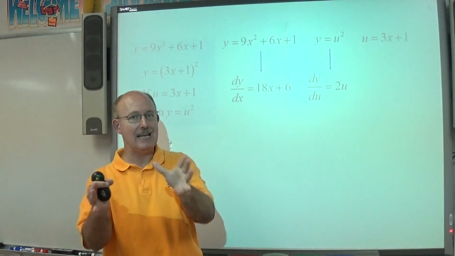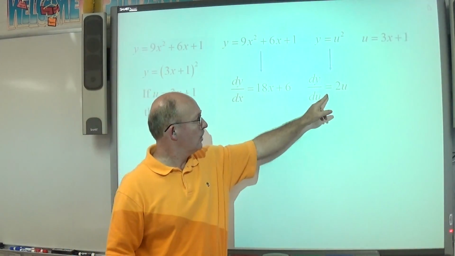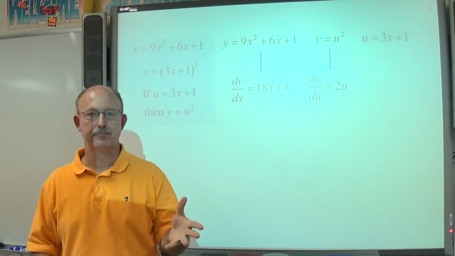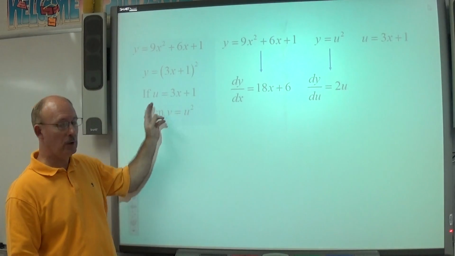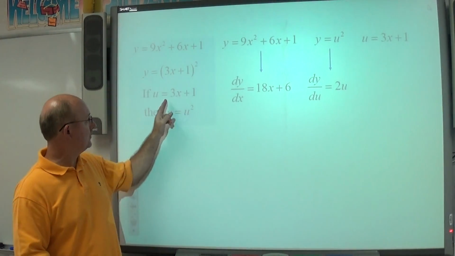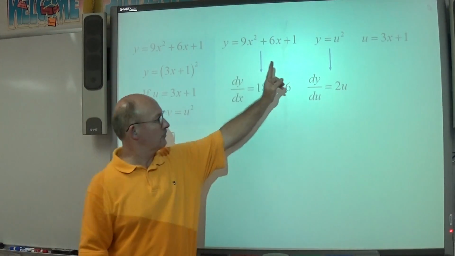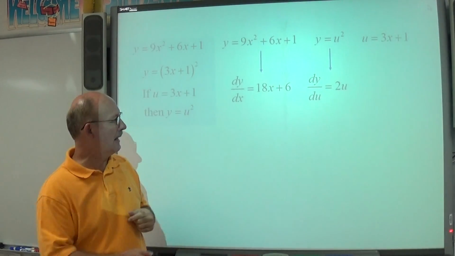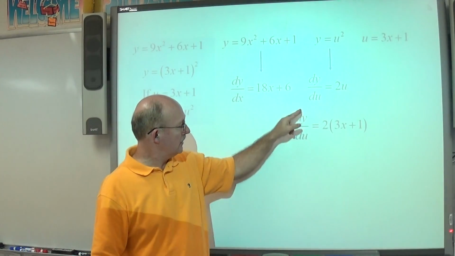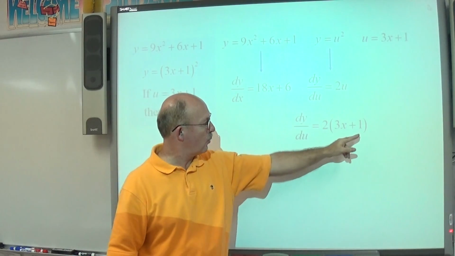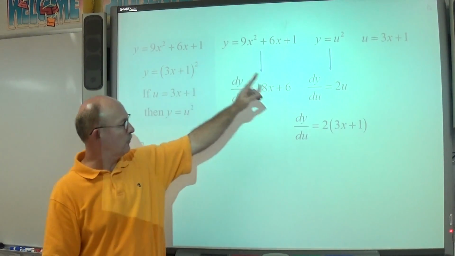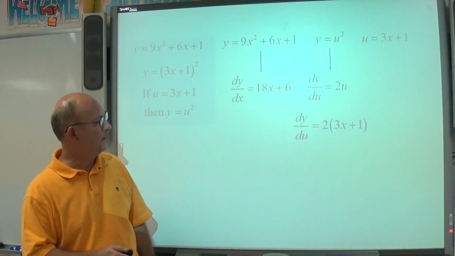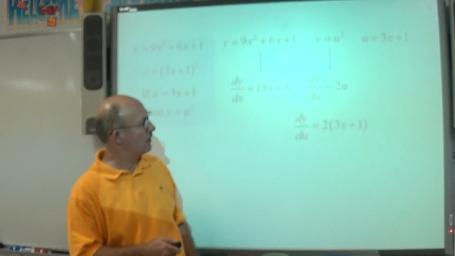Not dy over dx, but dy over du, which is 2 times u. Now remember, we said that u is equal to 3x plus 1, so I'm going to do a little substitution here. Let's substitute 3x plus 1 back in for u. And dy over du becomes 2 times the quantity 3x plus 1. So that's the derivative of the outside part of the function.